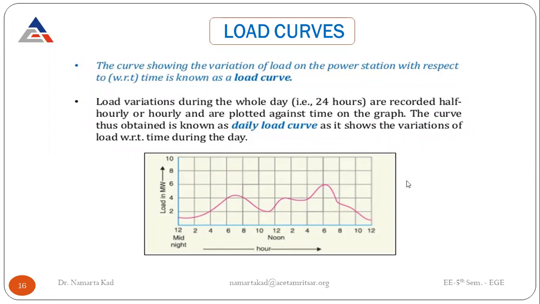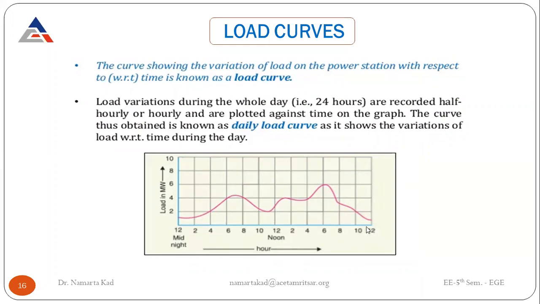So what does this graph show? It shows the load. Load is on the y-axis, in megawatt or kilowatt or watt. And on the x-axis there are the number of hours. See the format for the hours: 12 midnight, then 12 noon, then again 12 midnight.